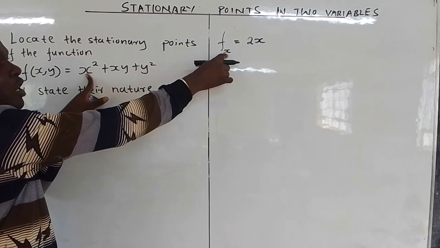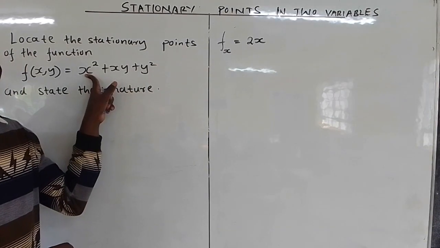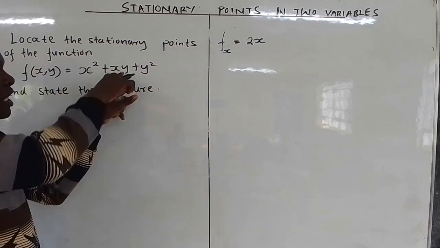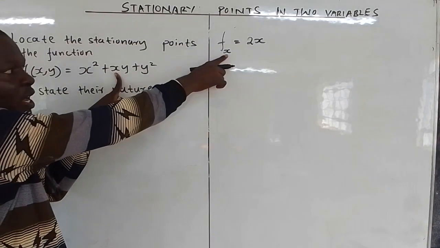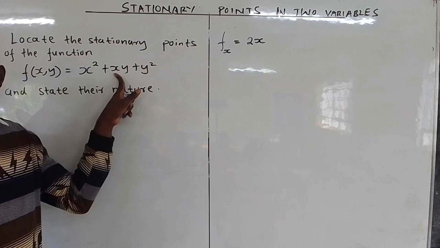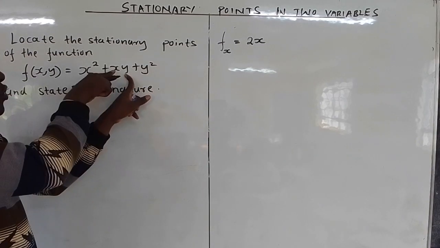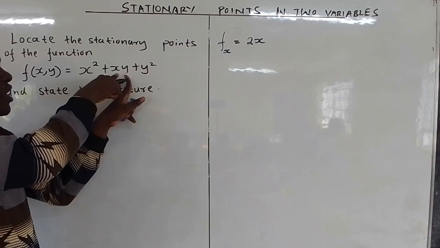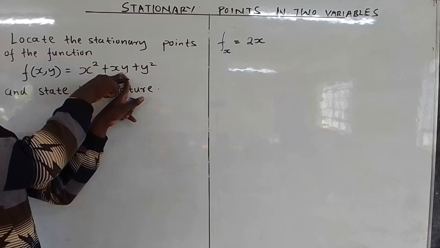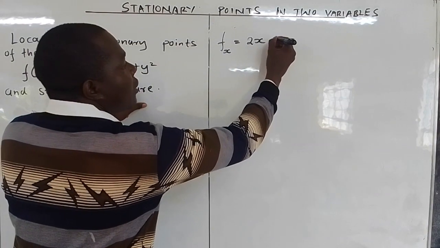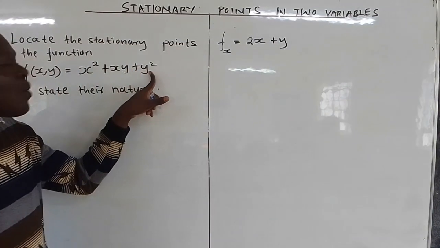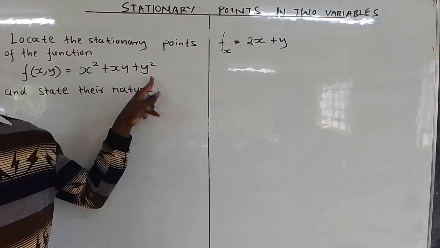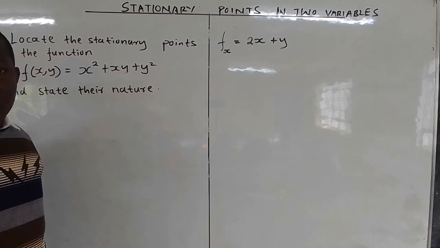If you differentiate xy, y is a constant, so we differentiate only the x and multiply with the constant. Differentiating x gives 1, and 1 times y gives plus y. Then y squared has no x, so the whole term is a constant, and differentiating a constant gives 0.